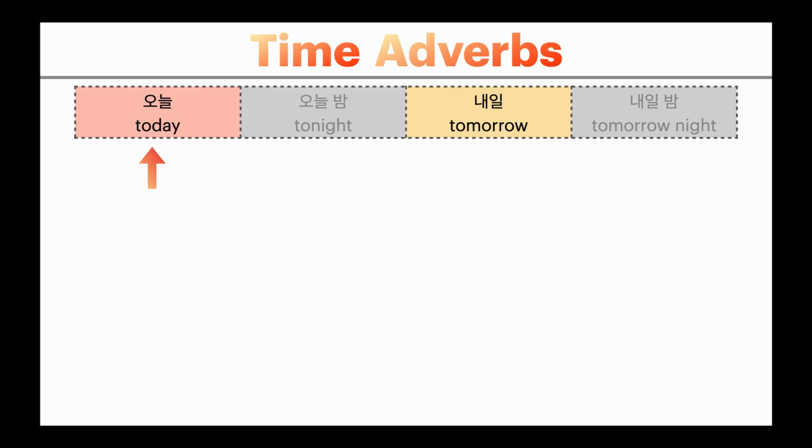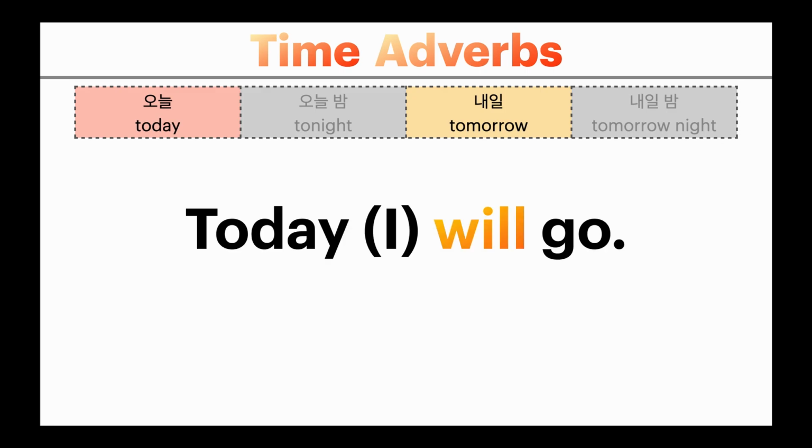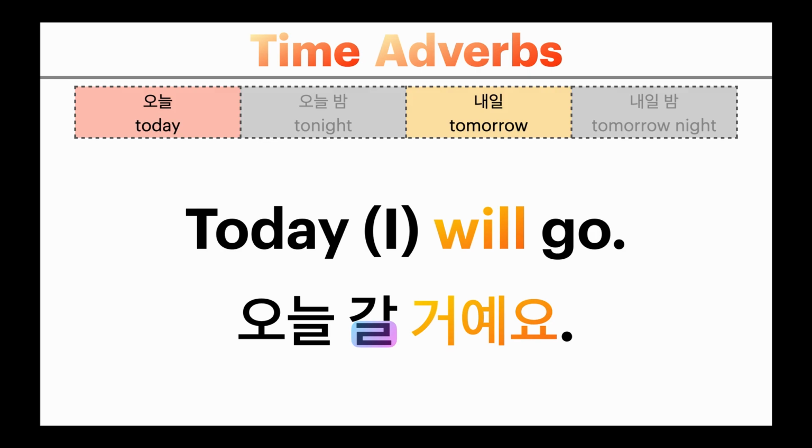오늘, today, 오늘. 내일, tomorrow, 내일. And let's just start with an easy sentence like, today I will go. 오늘 갈 거예요.